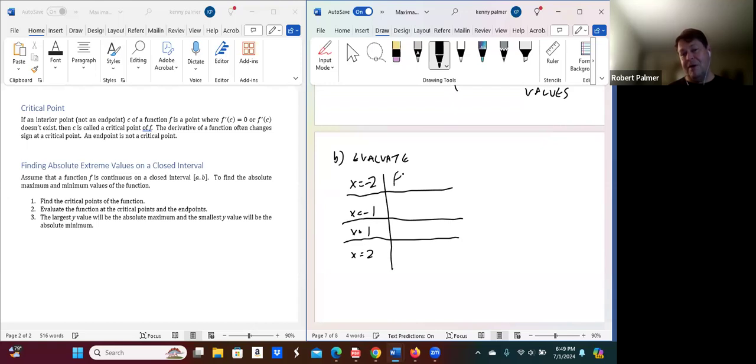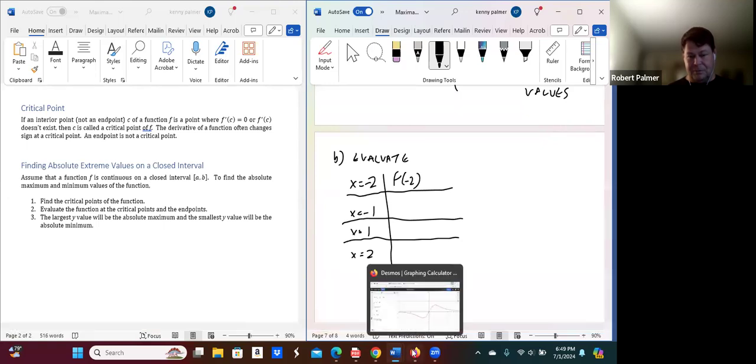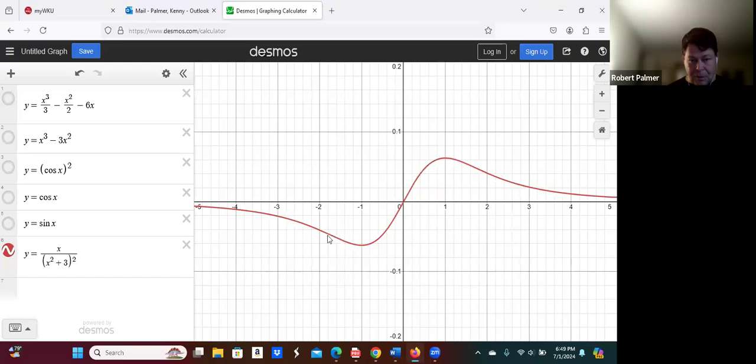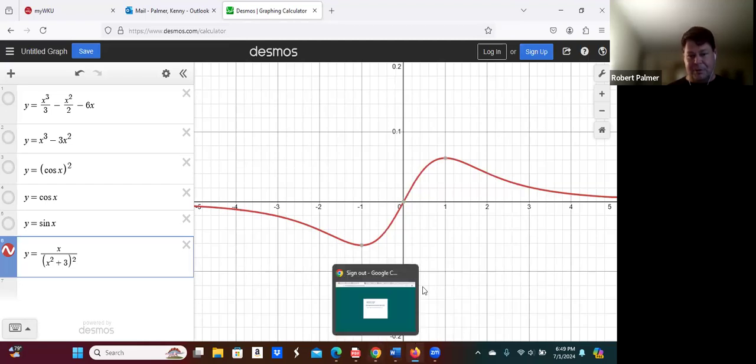So f of negative 2, let's see if we can get that from our graph. I get approximately negative 0.04, so we may just do this the long way.